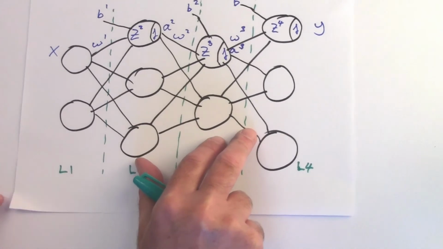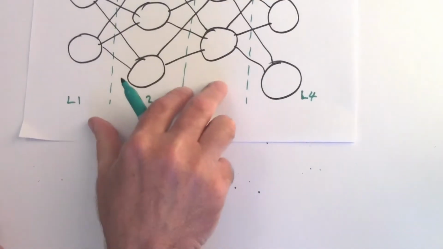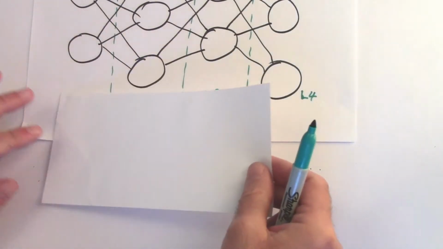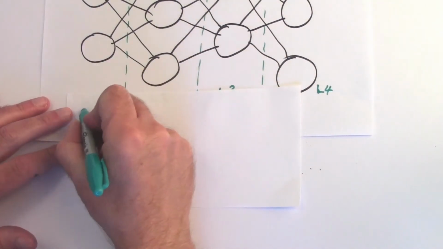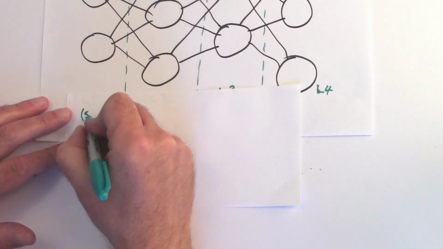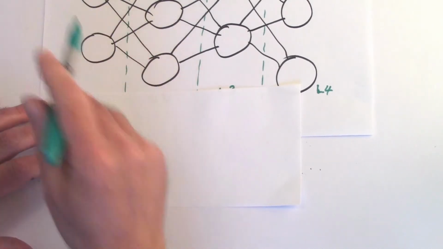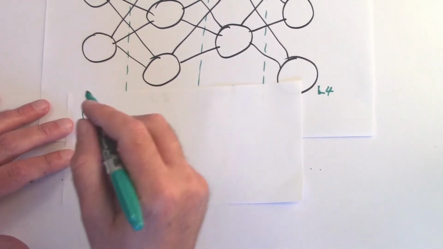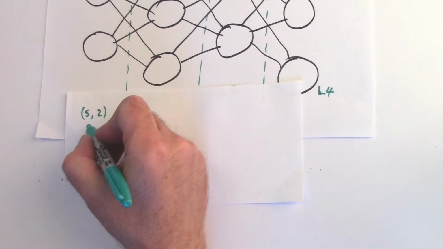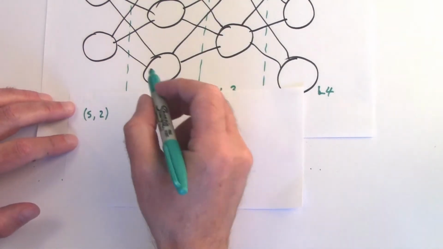Just a note here about the dimensionality of the matrices. What we'll see is that if we've got 2 input neurons here, then the dimension of this matrix is an S by 2, S being the number of samples, just for one sample, obviously that's 1. 2 neurons, so that's a matrix of 1 or S rows and 2 columns.